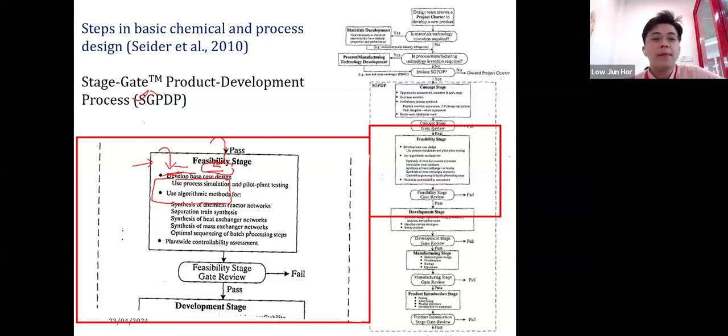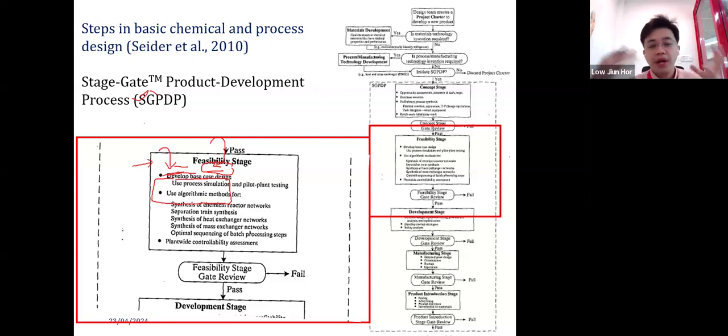And also, based on the pilot plant, sometimes it can also provide some extra information or useful supporting data that we can consider as a reference for our subsequent design of our chemical plant here. Okay, this is what we call a pilot plant.